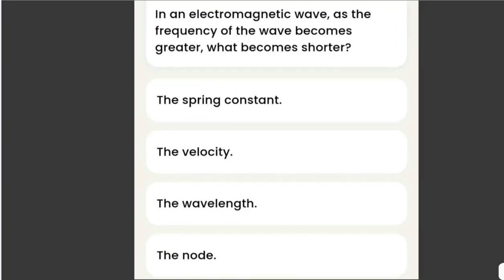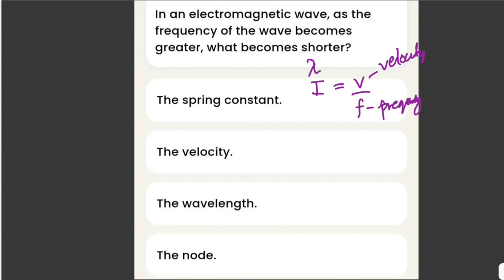In an electromagnetic wave, as the frequency of the wave becomes greater, what becomes shorter? The spring constant, the velocity, the wavelength, or the node? In wave physics, the formula for calculating the wavelength of a wave is lambda equals V over F, where lambda is the symbol for wavelength, V is the velocity, and F is the frequency.